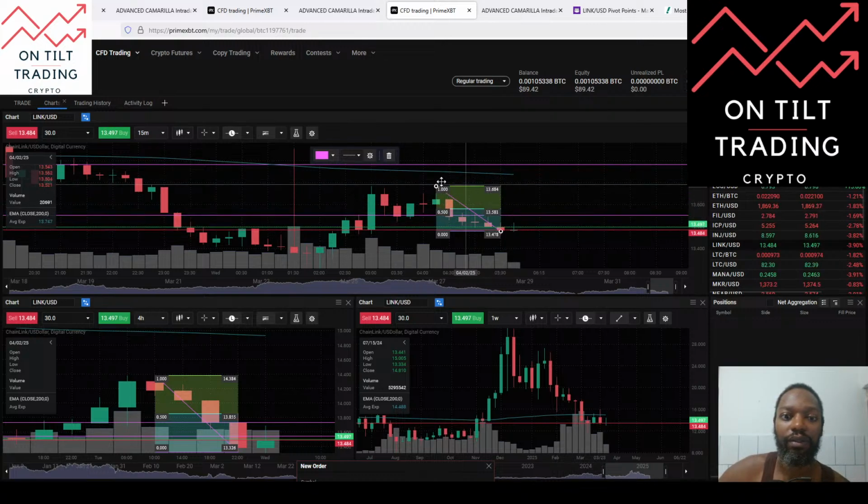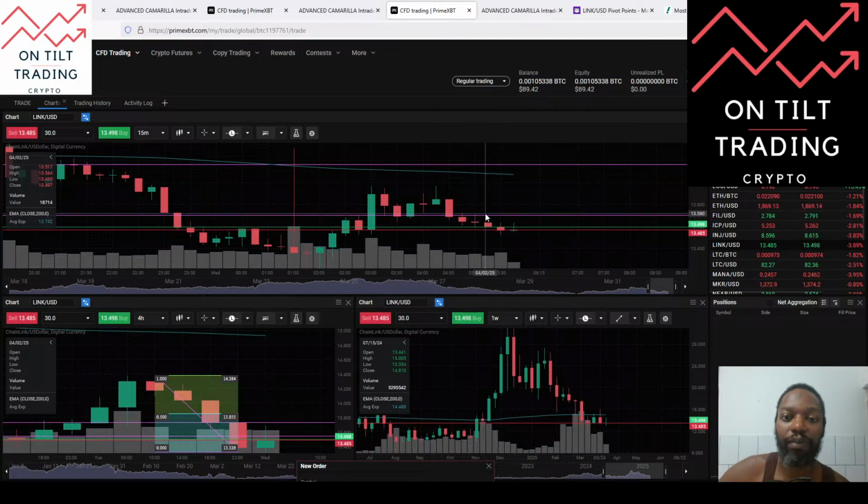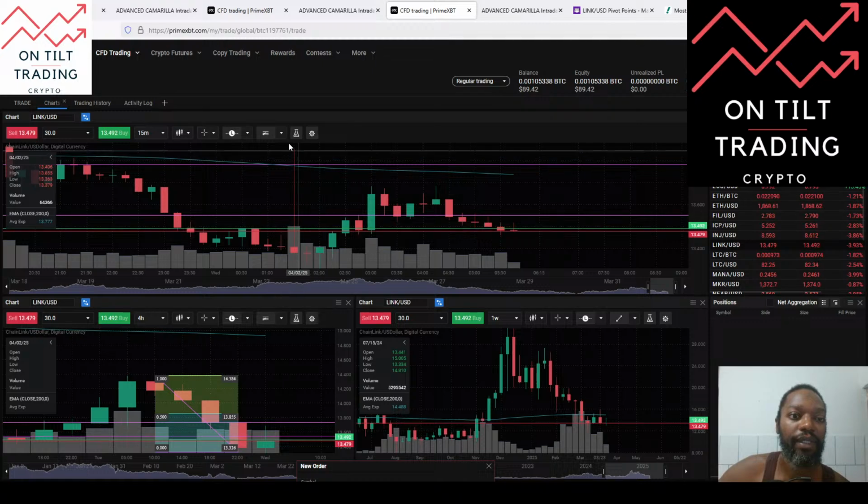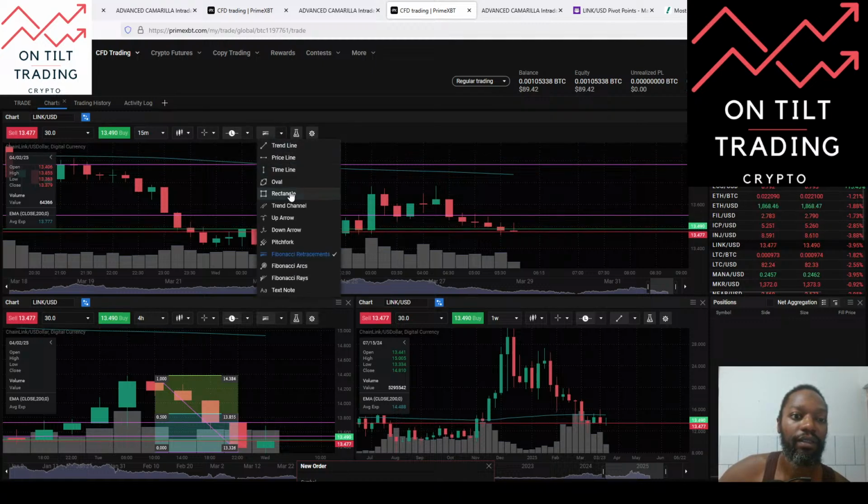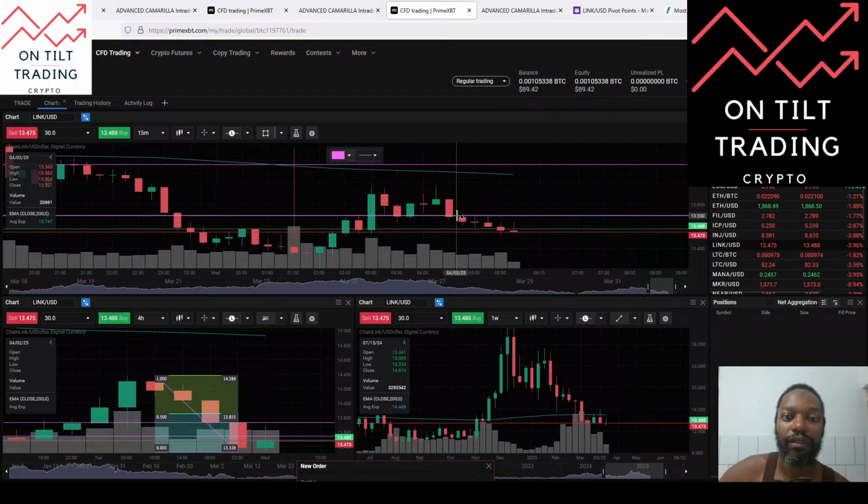I was just checking out this area because I'm trying to do a better job of looking for fair value gaps or order blocks, and I'm seeing a gap here between candle 1, 2, and 3.